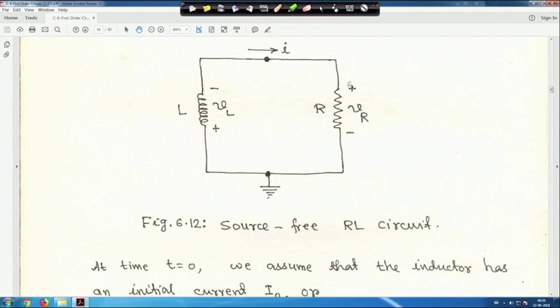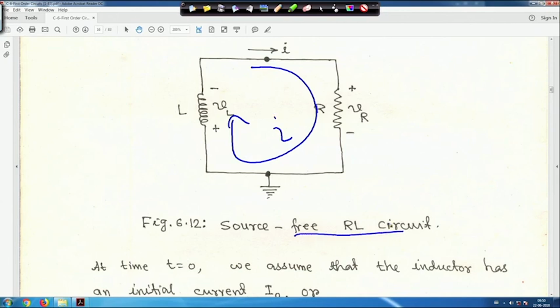The polarity is plus minus here, and here also plus minus, with the current moving like this, following the passive sign convention, right. So this is a source free RL circuit.